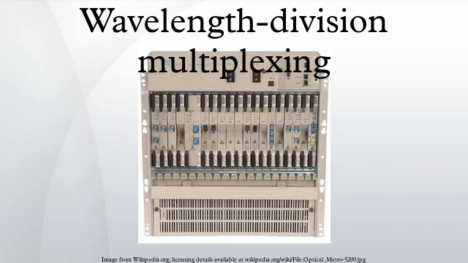Dense WDM, dense wavelength division multiplexing, refers originally to optical signals multiplexed within the 1550 nm band so as to leverage the capabilities of erbium-doped fiber amplifiers, which are effective for wavelengths between approximately 1525-1565 nm, or 1570-1610 nm.